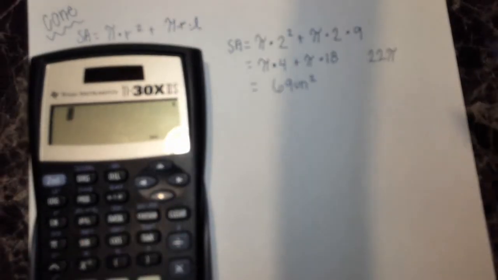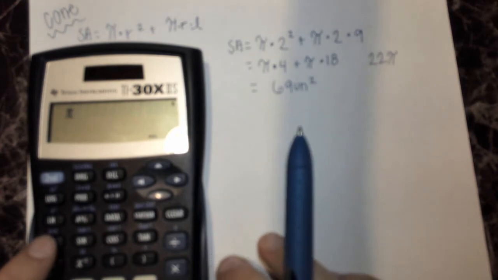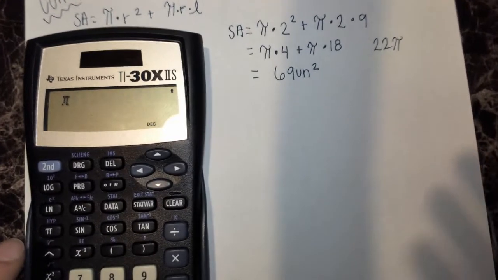From this top part, you can plug it straight into your calculator. I'm going to show you right here. Pi times 2 squared. This is really fuzzy.